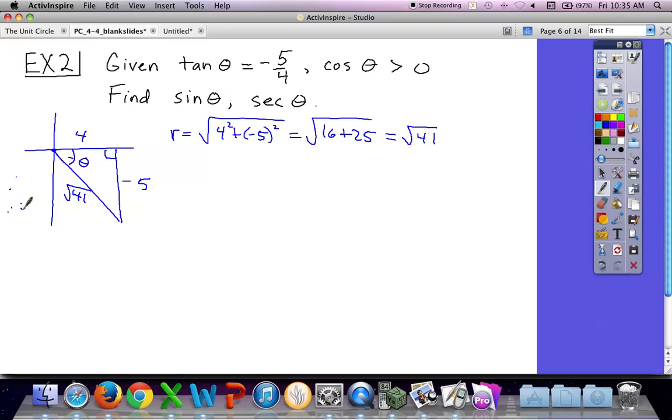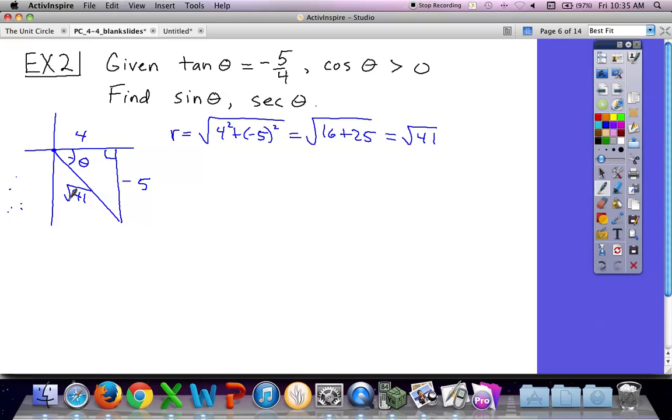Right. Okay, first, don't turn it into a decimal. You obviously do, right? I mean, take the square root of 41. That's probably 6.4. Don't take the square root. It needs to be the square root of 41.